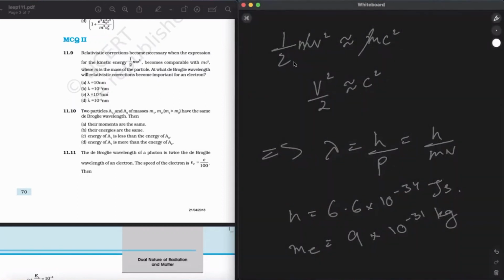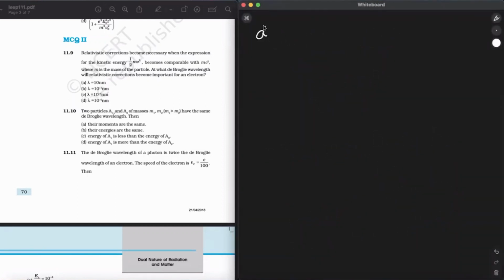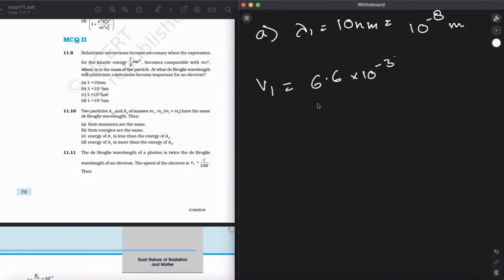So let's say in option number A, they have given that lambda 1 is equal to 10 nanometers, which I can write as 10 raised to the power of minus 8 meter. Simple. Now V1 will be equal to 6.6 into 10 raised to the power of minus 34, the value for h, and the value for mass will be equal to this. Okay.